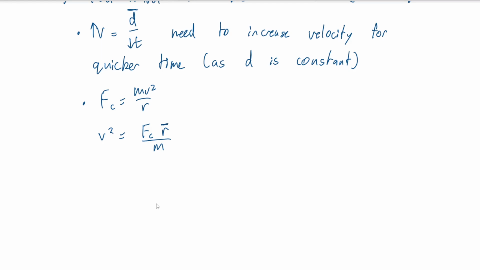And so radius is fixed. We want to increase the speed, so we could either increase the centripetal force or decrease the mass.